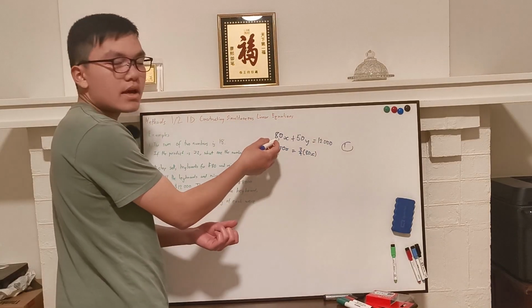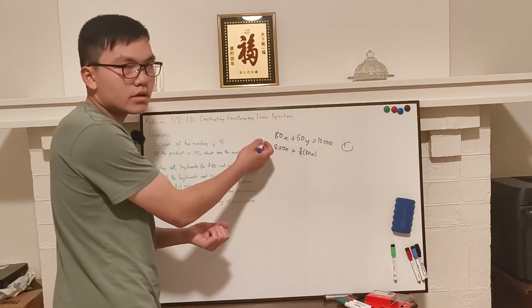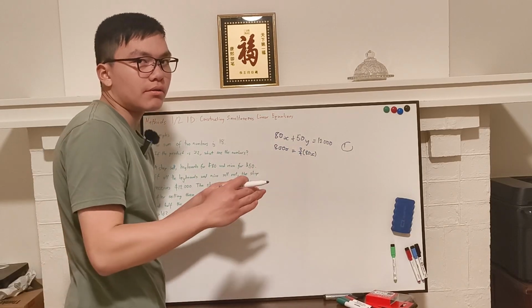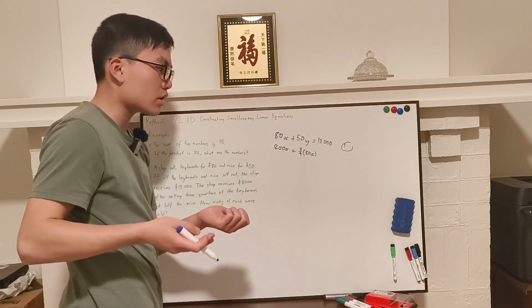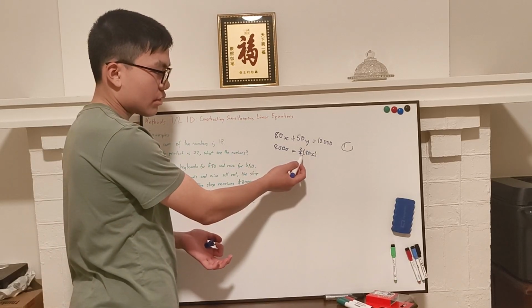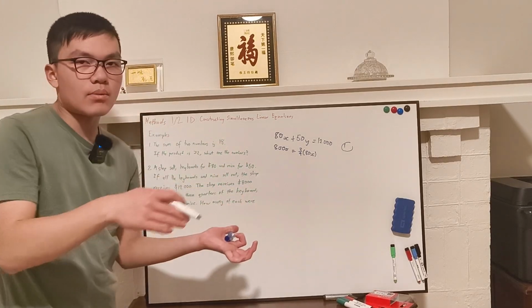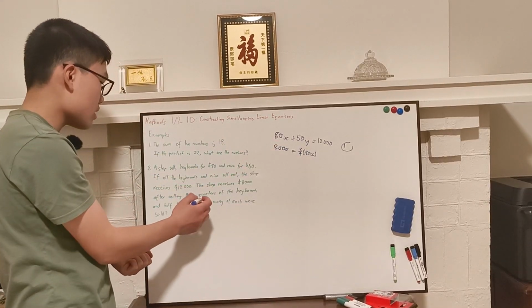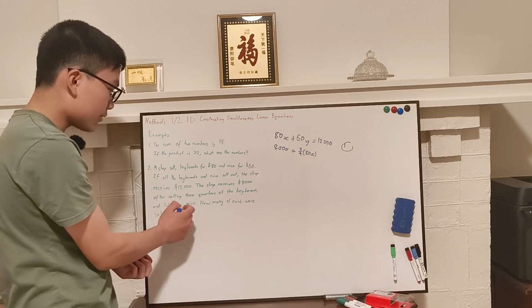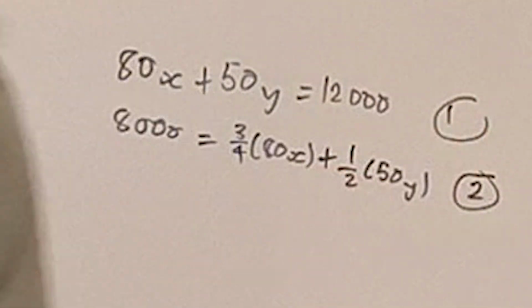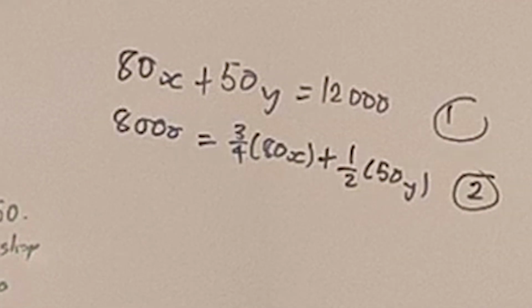You can imagine that if all the keyboards were sold, that's going to equal 1. But in this case, 3/4 of the total number of keyboards in stock were sold, so that's going to be 3/4 in front of 80x. And we do the same with the mice part. After selling half the mice, that will mean 1/2 of 50y. And that's going to be our second simultaneous equation.